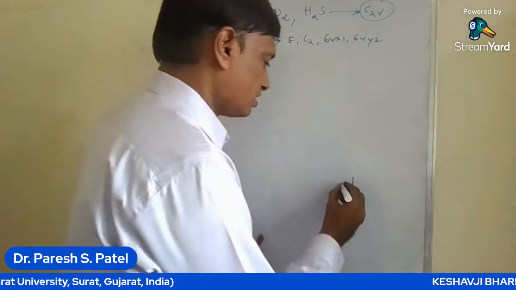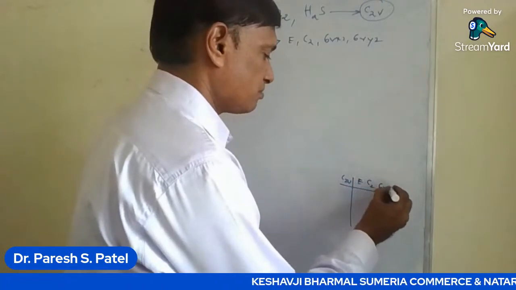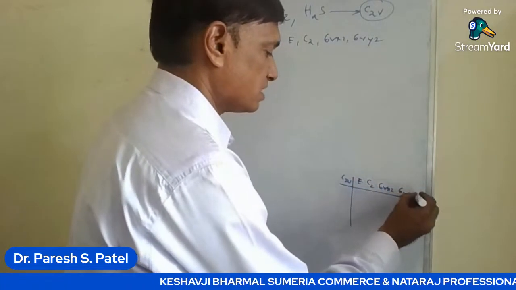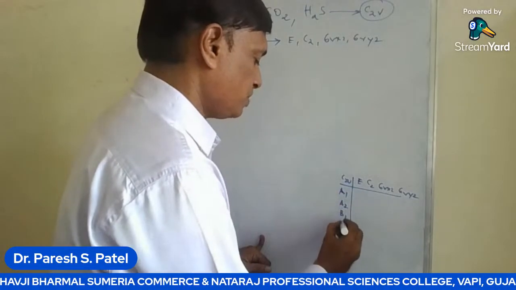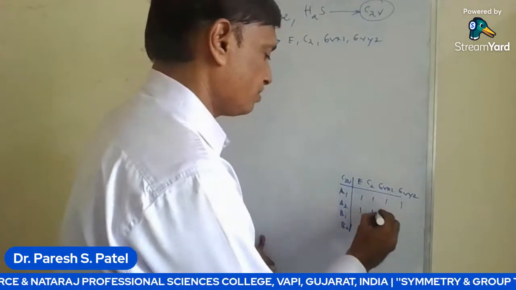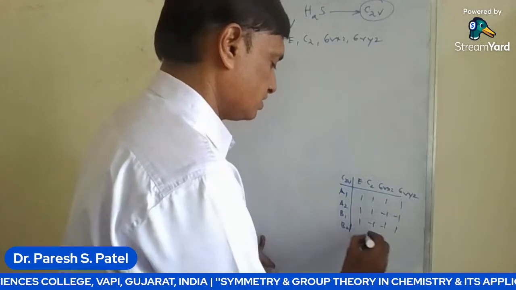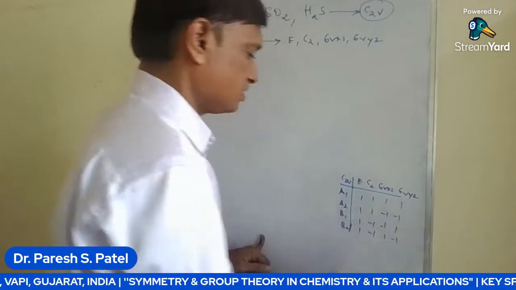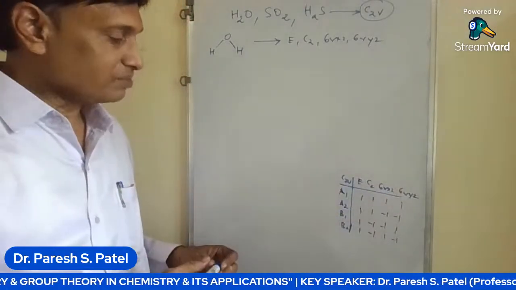Now we already discussed the character table for C2V: E, C2, sigma Vxz, sigma Vyz; A1, A2, B1, B2; 1, 1, 1, 1; 1, 1, minus 1, minus 1; 1, minus 1, 1, 1; 1, minus 1, 1, minus 1. This is the answer of this character table.